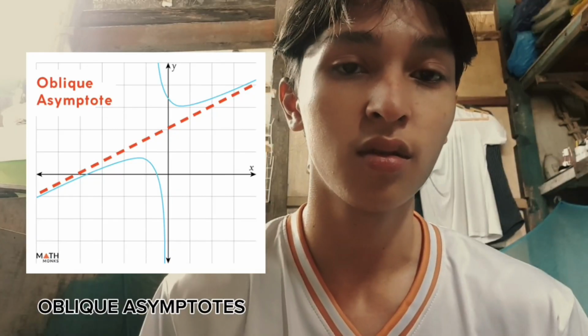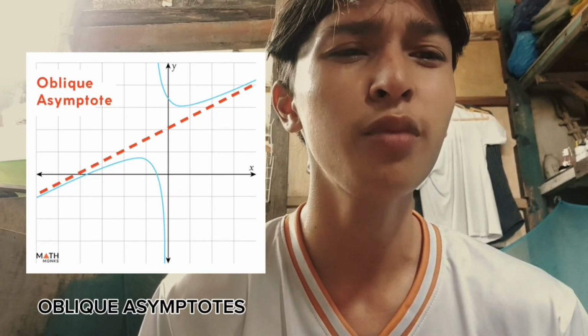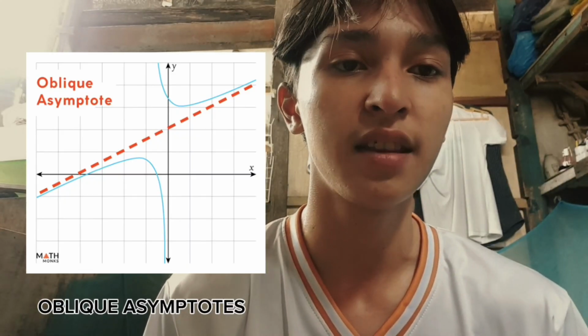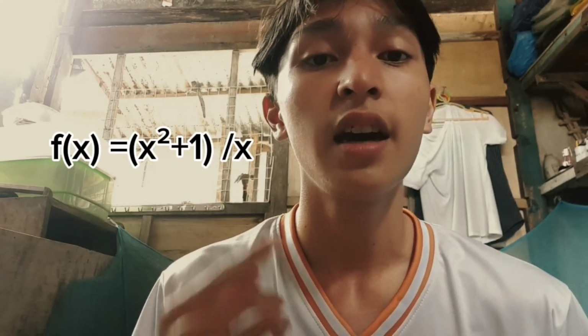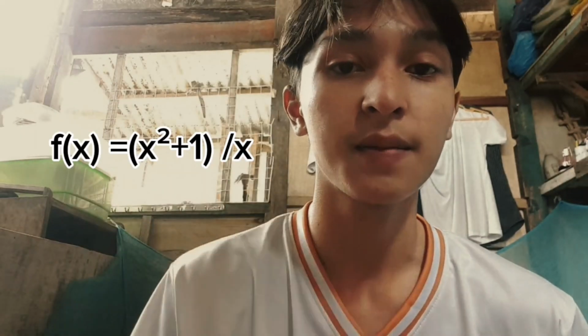Number 3, oblique or slant asymptote. This happens when the degree of the numerator is exactly 1 higher than the denominator. Here is the example. f of x equals x squared plus 1 over x.